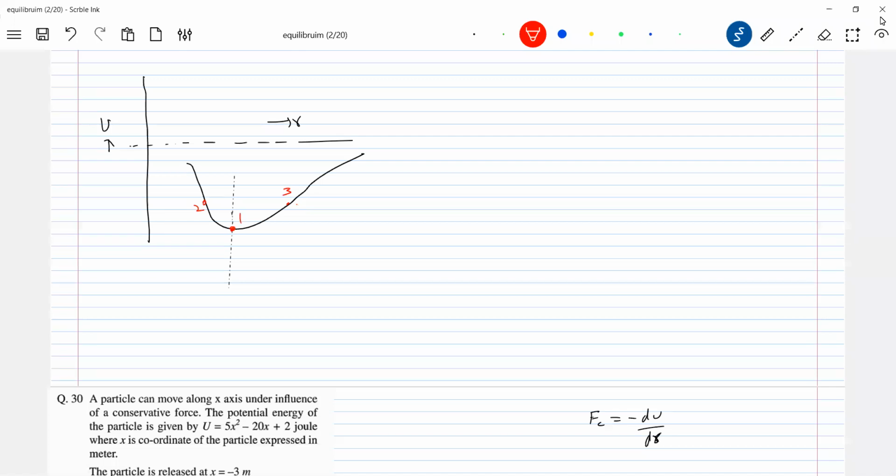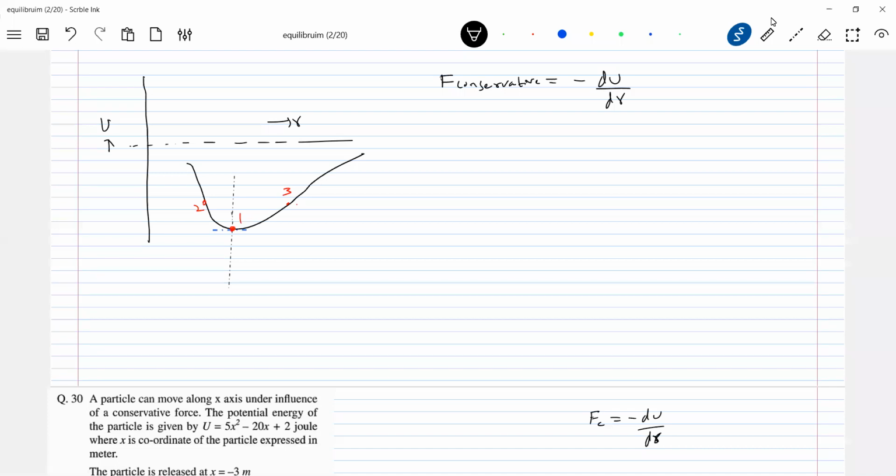Let's go for what is the slope at point 1? 0. And according to the formula, I'm writing in detail, F conservative force is equal to minus dU by dr, not non-conservative force, not external force. They are not defined.